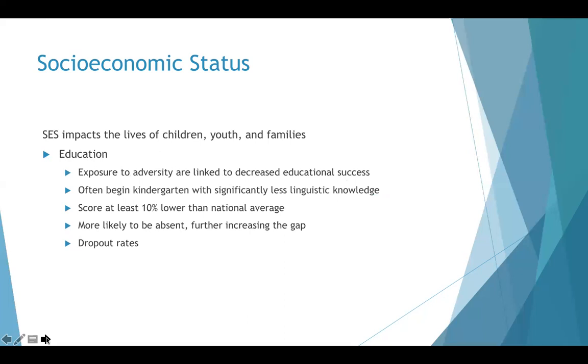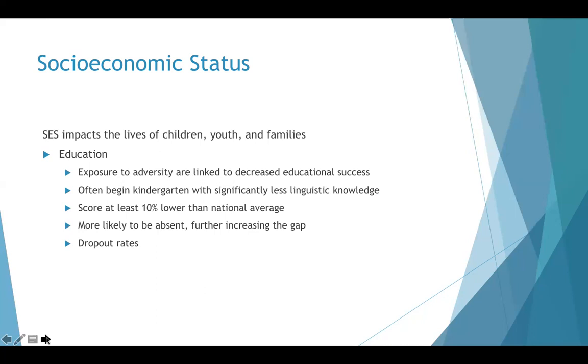Socioeconomic status impacts education. With lower socioeconomic status, exposure to adversities is linked to decreased educational success. Children often begin kindergarten with significantly less linguistic knowledge, and higher linguistic knowledge is linked to higher success in education.